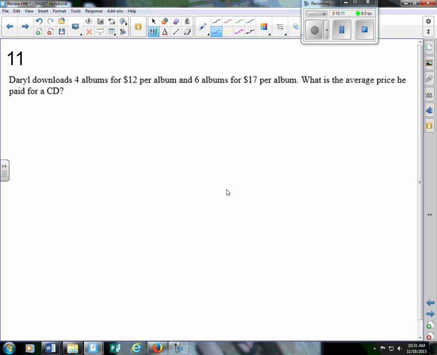Number 11, Daryl downloads 4 albums for $12 and 6 albums for $17. What is the average price? Okay, just like average speed, it's going to be total cost over total albums. So we have $12 plus $17 is going to be the total amount spent.